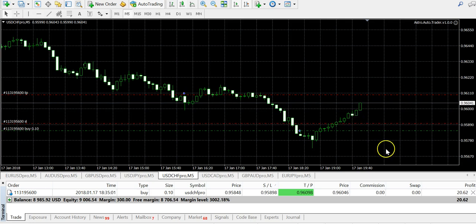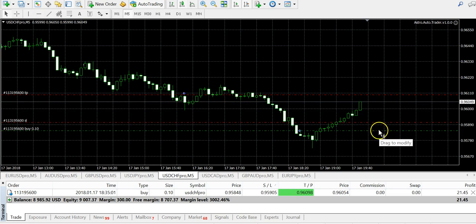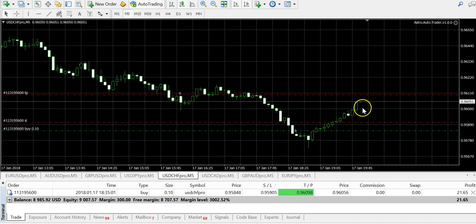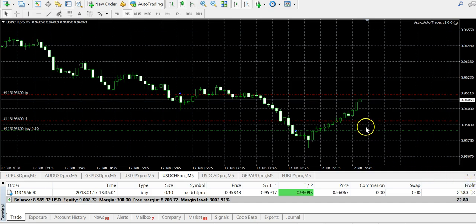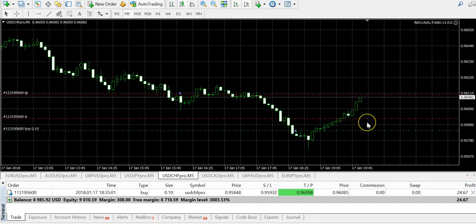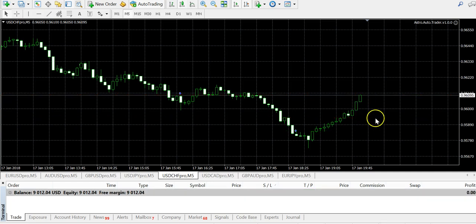This is a protection against losing money, because if it goes down, the stop loss was here. You will lose, I don't know, 20 pips, $20, $30, but in this case, your profit is locked in. It's here. You see how it finished. And we won this trade too.